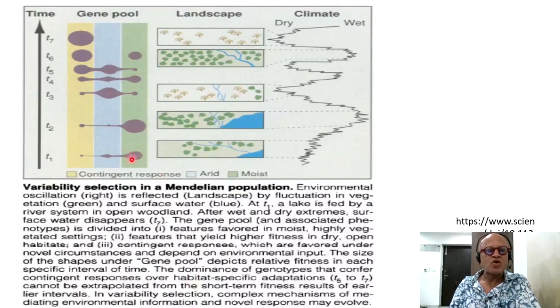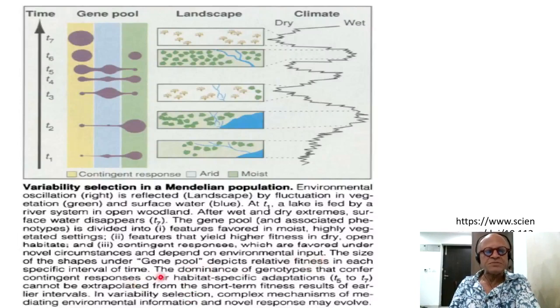So there is more genetic adaptation to moist conditions here, which has grown, and then it becomes more genetically fit to respond in arid conditions, and then over time, as variability or the amplitude of climate change increases, you end up with contingent response, which is referred to as variability selection.